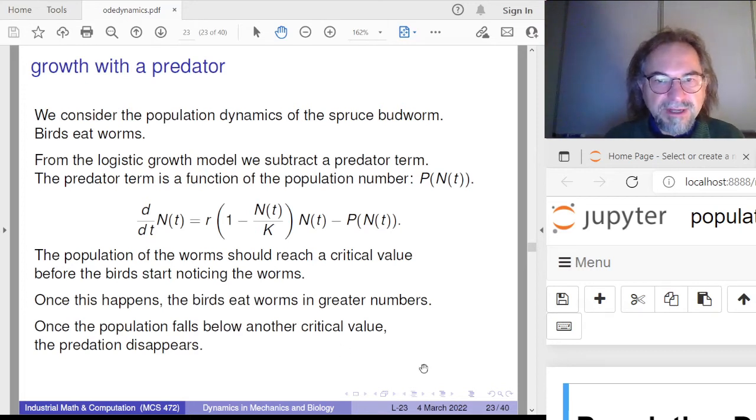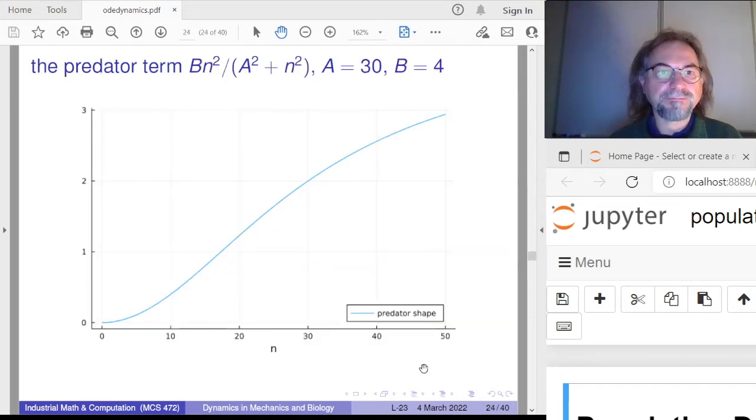So let's look at what the predator term should be, what the shape of such a term could be. Here is the predator term. It models what happens as a function of n, where n is the size of the population.